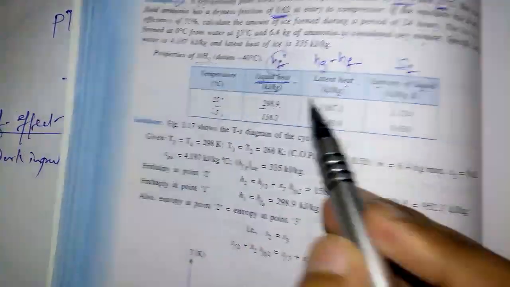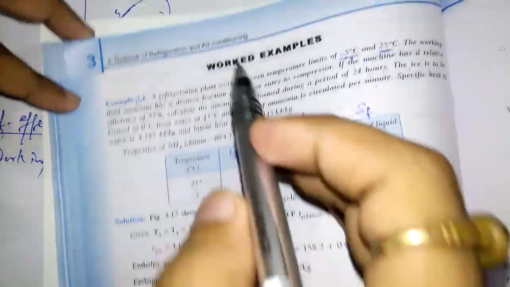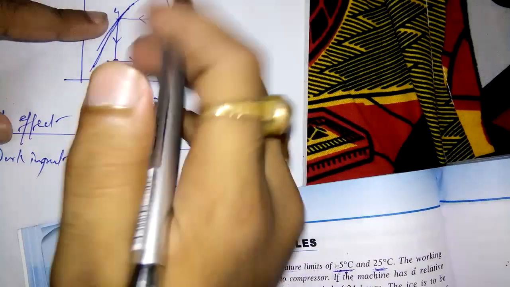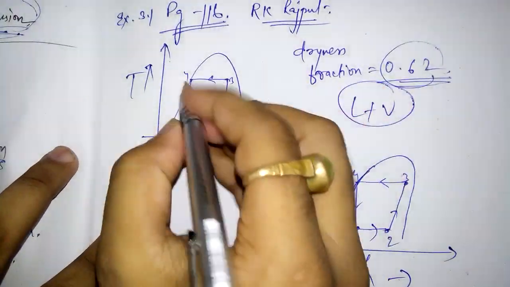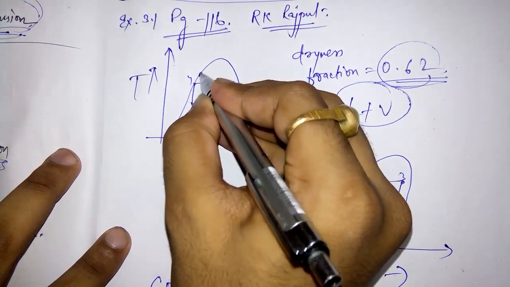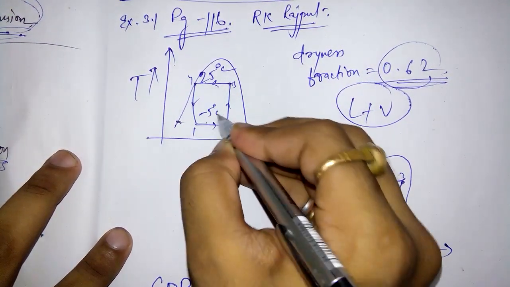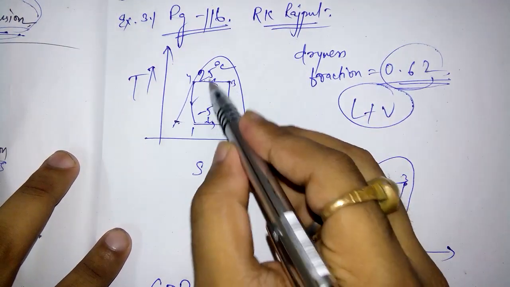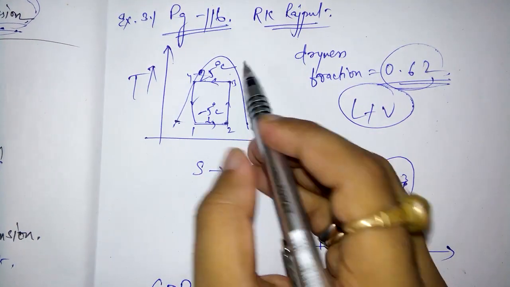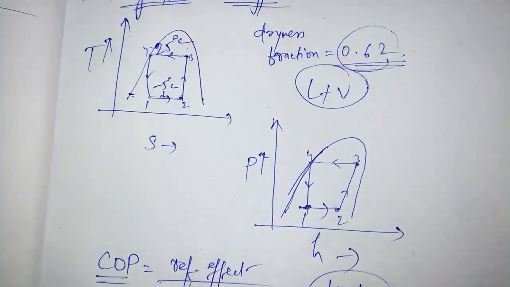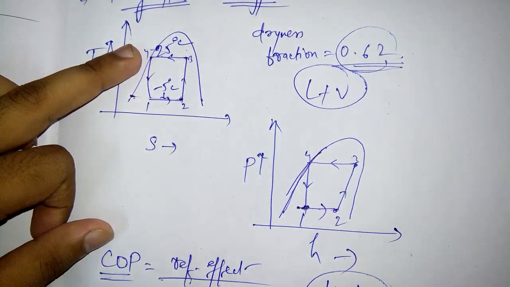And the temperature is 25 degrees Celsius. So 25 degrees Celsius is the upper temperature. In the TS diagram I can plot the temperature. So this region is 25 degrees Celsius and this is minus 5 degrees Celsius, the evaporator. According to my diagram, H4 is given.